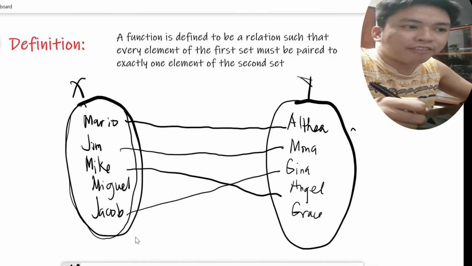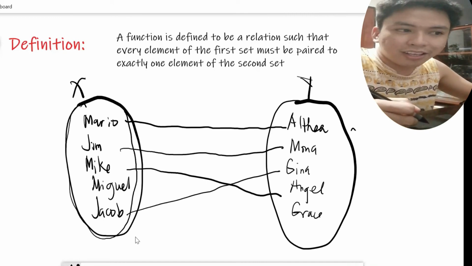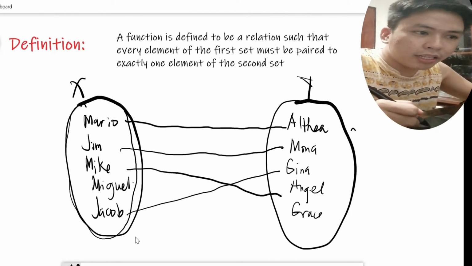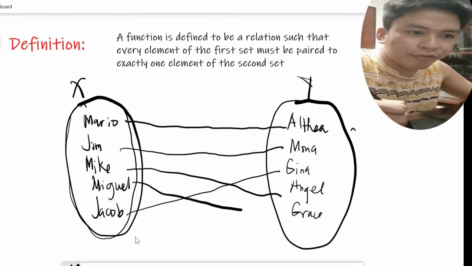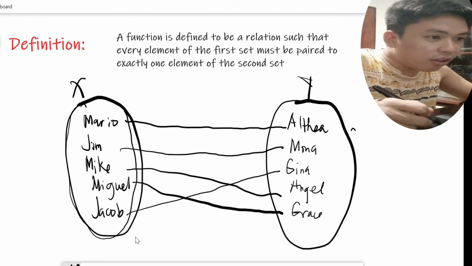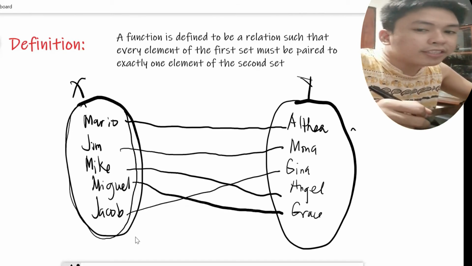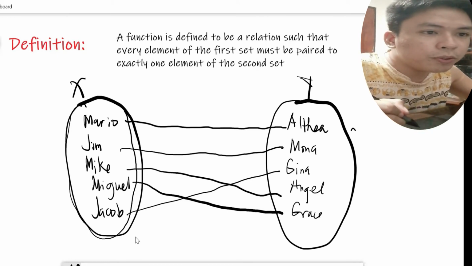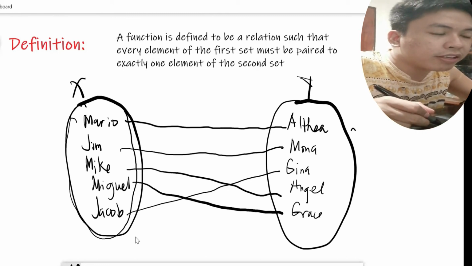So we should make sure that Miguel will have a date on Valentine's Day. So suppose, for example, Miguel will have a date with Grace. That means all of the boys here are taken. So let's take a look. Is Mario mapped to Althea? Very good.